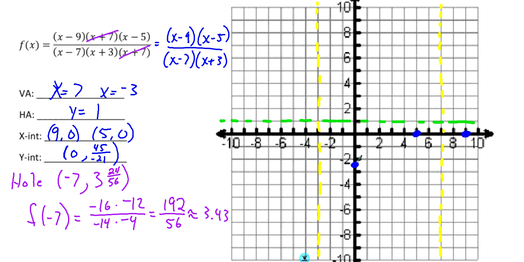So there's my y-intercept. And then our hole, which is at negative 7, 1, 2, 3, 3.43.